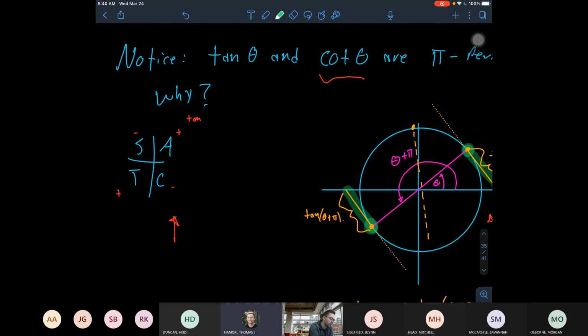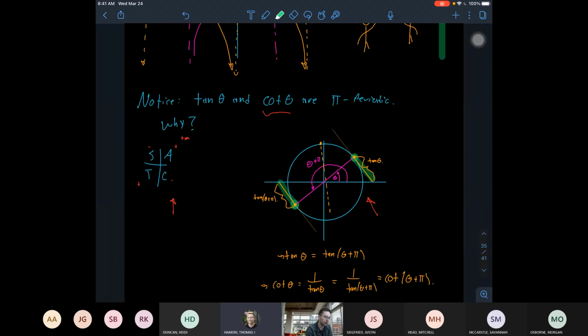If we consider a cycle of going from being positive to being positive again, well, for sine, we'd have to be positive, positive, negative, negative, and the first time we would be positive again after having gone negative would be when we get back to our original first quadrant. But tangent and cotangent have this property that we're going to be positive in the first quadrant, then negative, and then positive in the third quadrant. So the time it takes for us to get back to being positive is basically cut in half. So that is why these functions are going to be pi periodic.